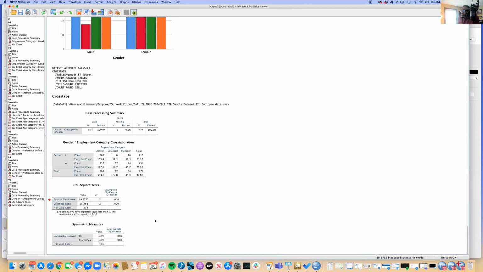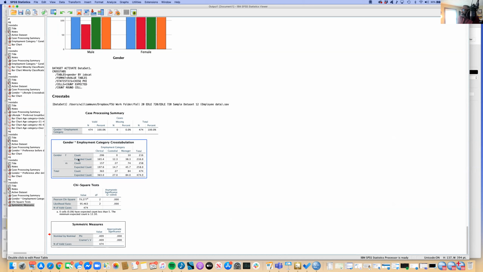Now, if I want to see how strong of an effect gender has on employment, I come down here to 5. Since this is a 2x2 table. Nope, this is not a 2x2 table.